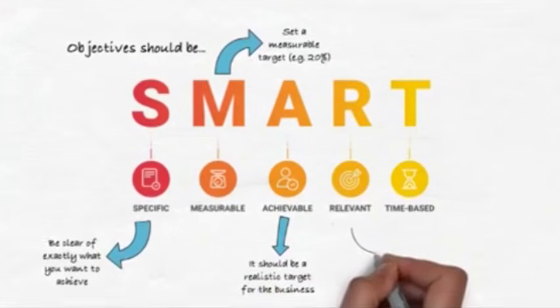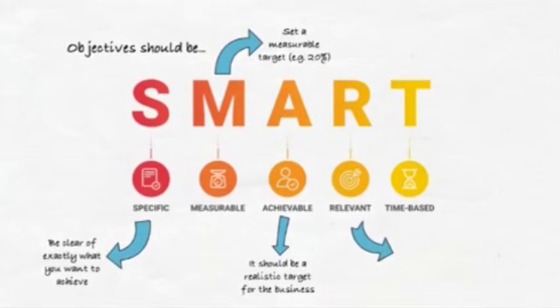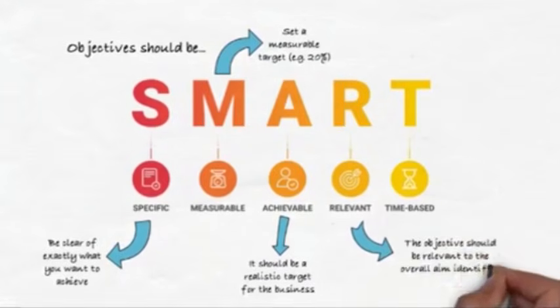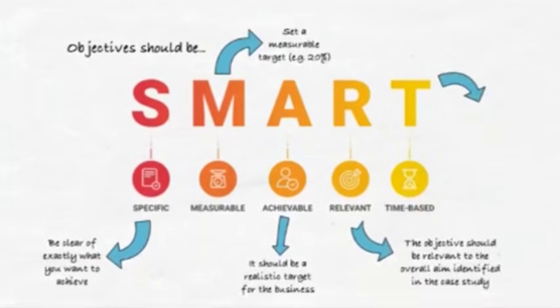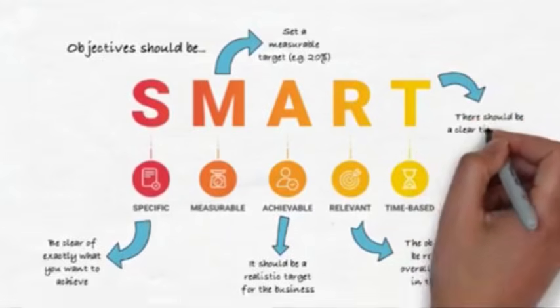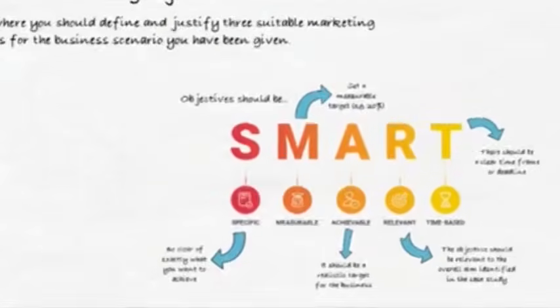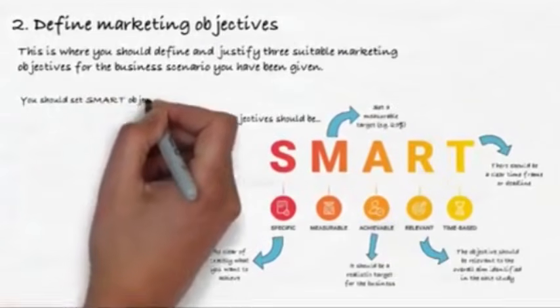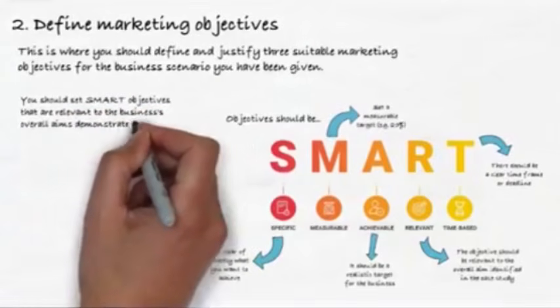One of the most important qualities is that it should be relevant to the business and the overall aim that is outlined in the case study. Finally, it should be time-bound, meaning it should have a time frame or deadline. Don't forget that marketing objectives are different to general business objectives or financial objectives, so you should make sure you choose objectives that are relevant to the business and marketing.